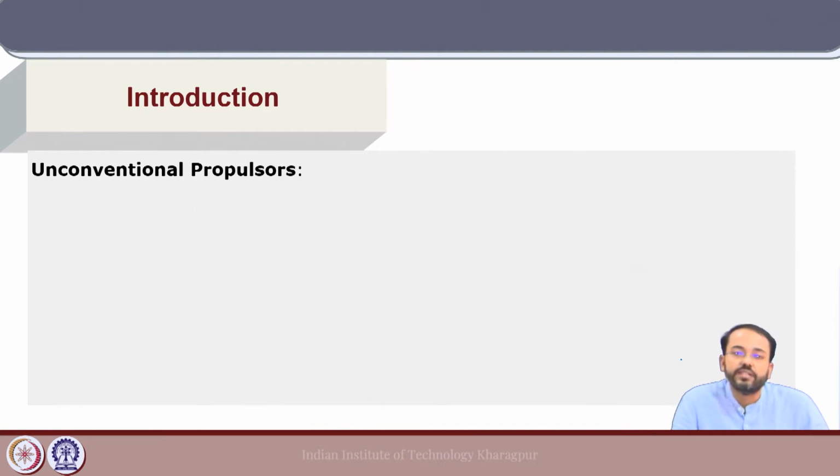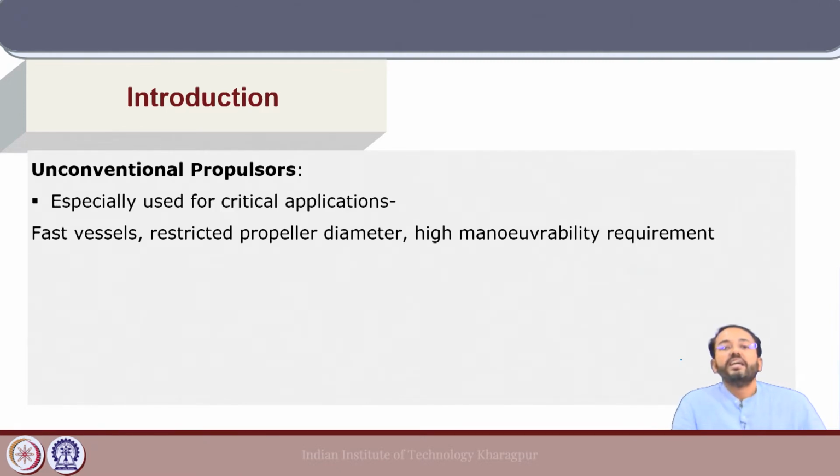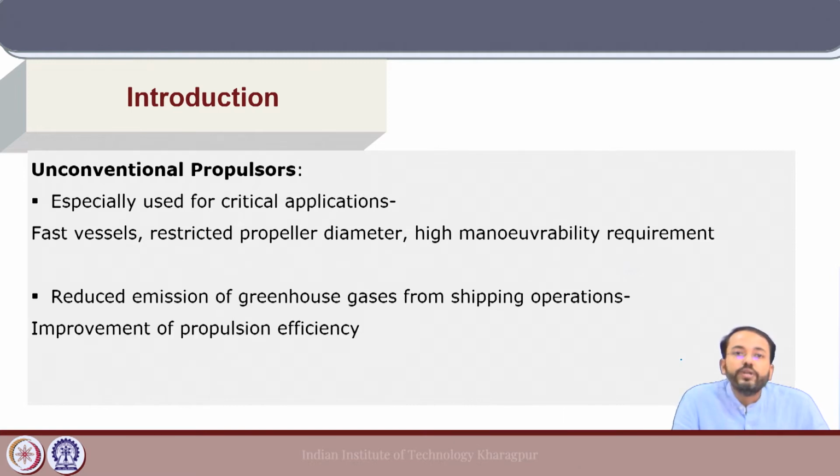In this lecture, we will continue with multiple propeller arrangements and contra-rotating propellers, which are some other forms of unconventional propulsor designs. Now, if we talk about unconventional propulsors in general, they are specially used for some critical applications for fast vessels, restricted propeller diameters and high maneuverability requirement, which generally cannot be met by a conventional propeller.